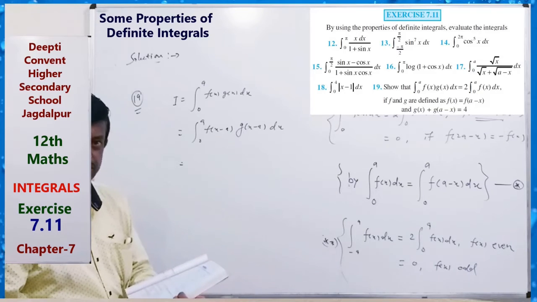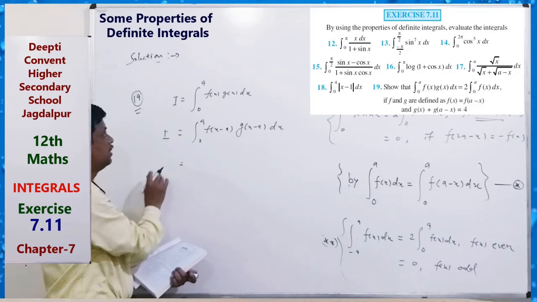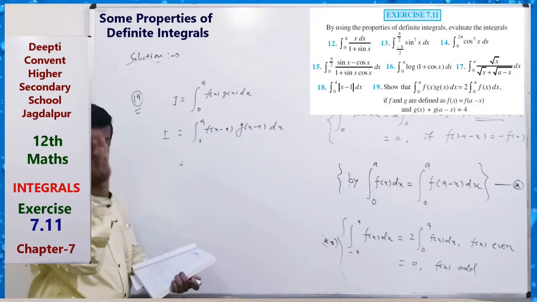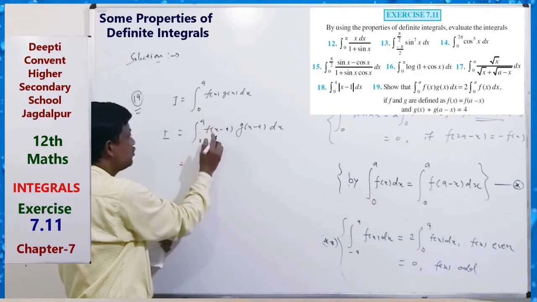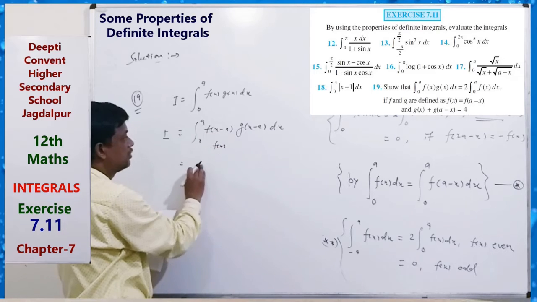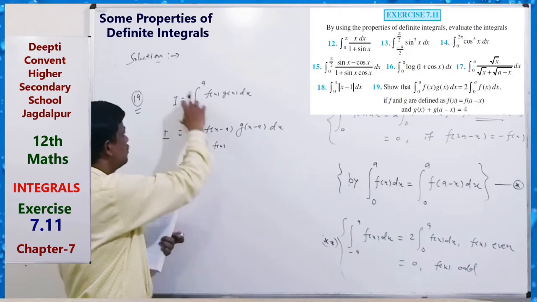This is I. Now use the given relation where f(x) equals f(a − x), so in place of it you can write f(x). Now add these two.